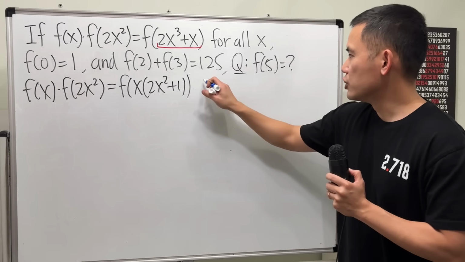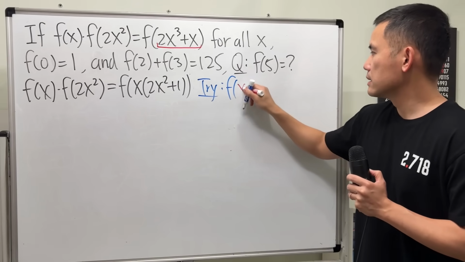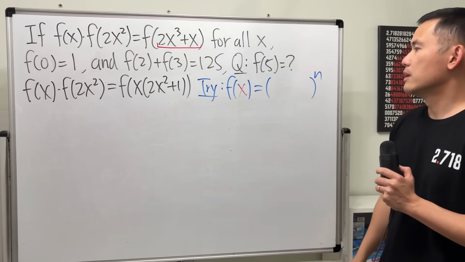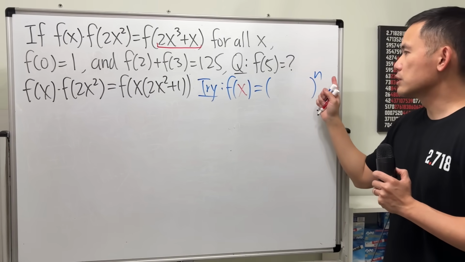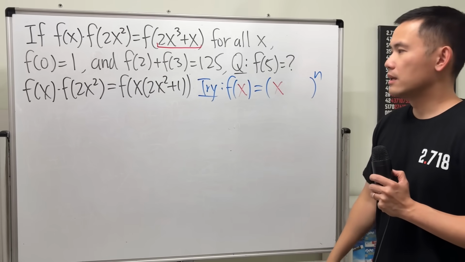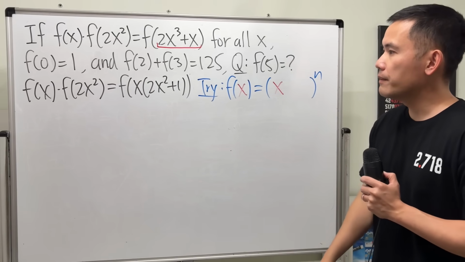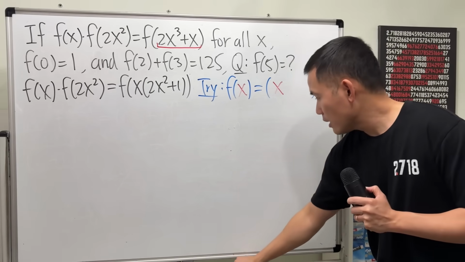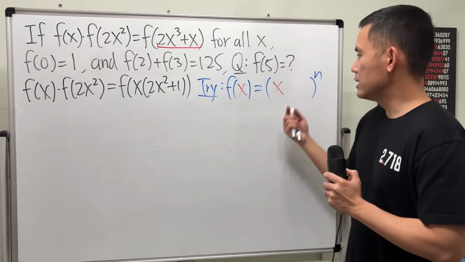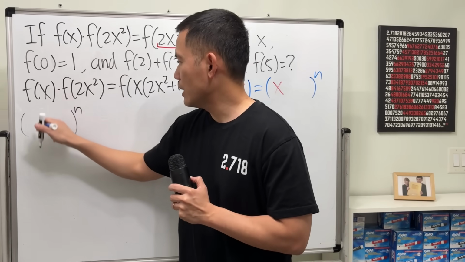So right here, this is the general form that I'm going to try. Let's say f of x is equal to some power. I don't know what power it is yet, so I'll just put n. So right here, let's say we have the input x. That's my general form of the function. And if I have this, f of x will be just this part, parentheses to the nth power, and then we have the x right here.